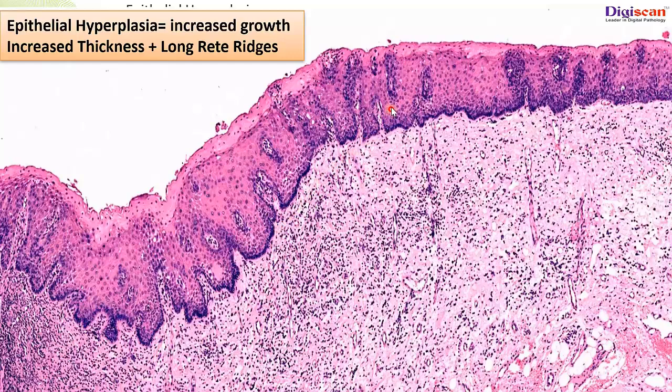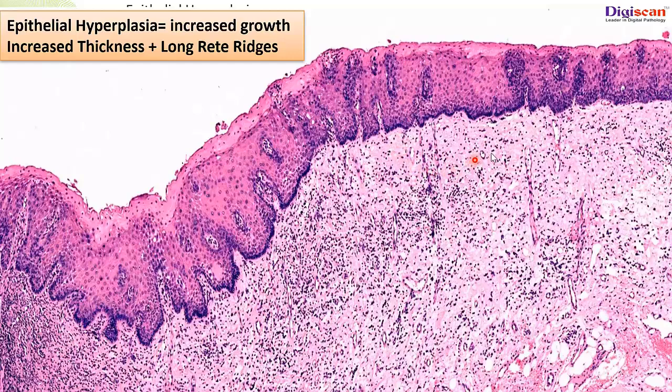Now you are seeing these blue areas in the epithelium. These are elongations of the mesenchymal papillae, which are intruding into the epithelium and seen as elongated structures. These are also called intraepidermal papillae formation by the mesenchymal tissue, and this is indicative of acanthosis.